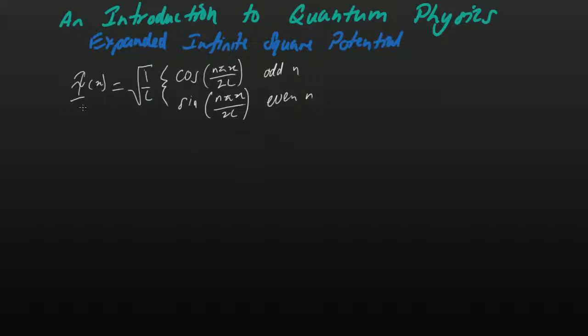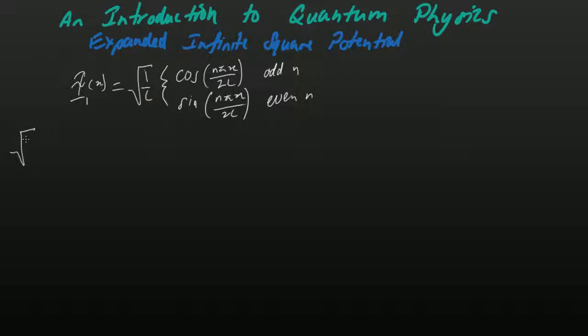Okay, so say we prepared our particle in the ground state originally, so we have a superposition of all our basis states that we need to project our original wave function onto. And what was our original wave function?